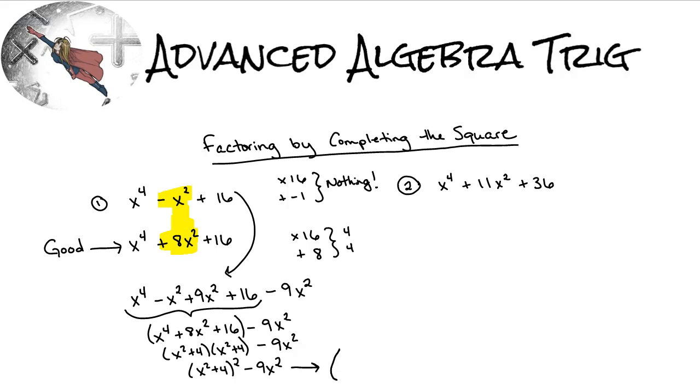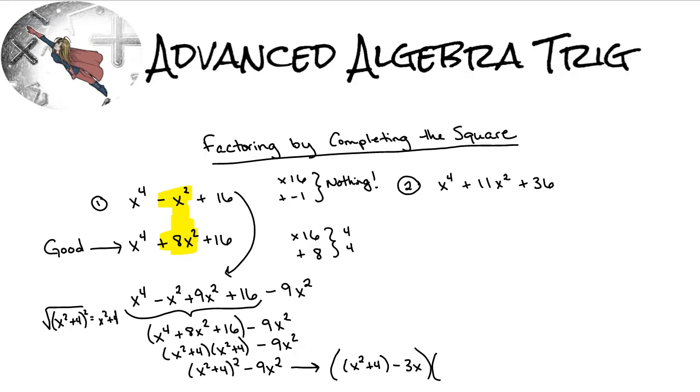So we will have the square root of x squared plus 4 squared. That's a quantity. Let's do this. X squared plus 4, and the square root of 9x squared, minus 3x. Okay, I didn't show the work here. Let's do that to the side just in case you're having trouble. X squared plus 4 squared. The square root is just x squared plus 4.